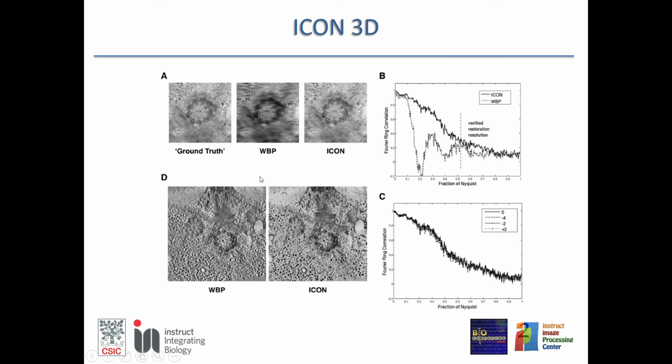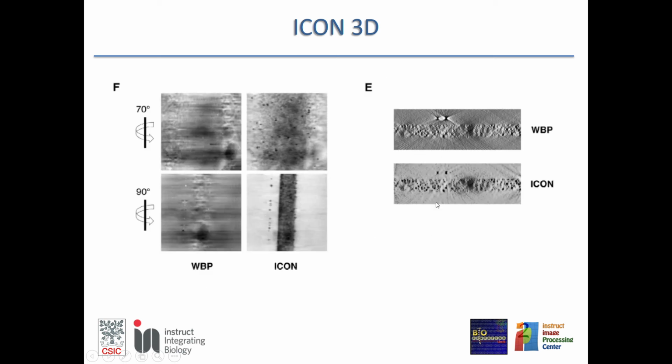So this is the weighted back projection, and this is the ICON reconstruction. Here you have some other examples where, in weighted back projection, we have these stripes coming out from the gold beads, and we now understand why, because these stripes are compatible with the measurements that we were mentioning at the beginning.